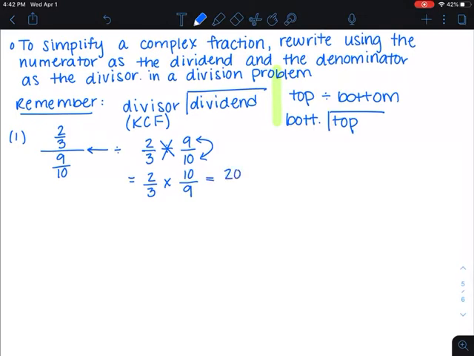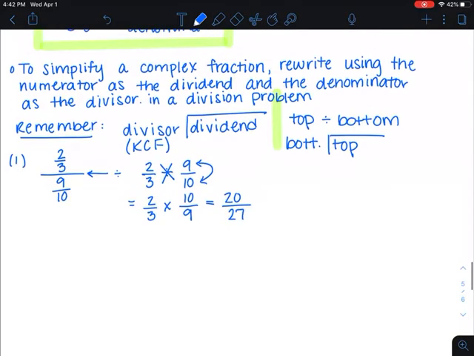So let's multiply straight across. 2 times 10 is 20, and 3 times 9 is 27, I'm sorry. 3 times 9 is 27. So therefore I have 20 over 27. It cannot be simplified. That would be our final answer.